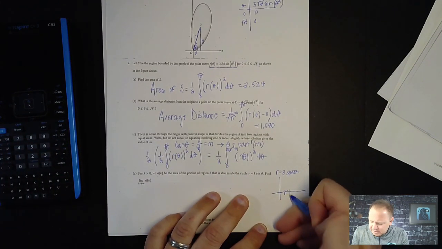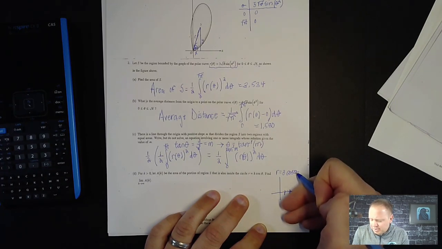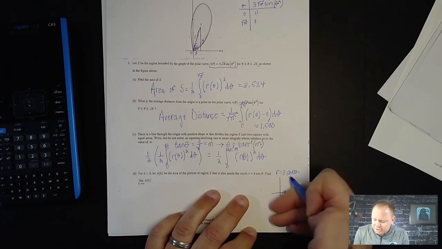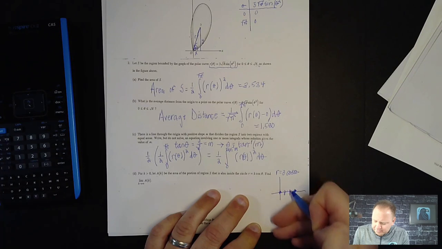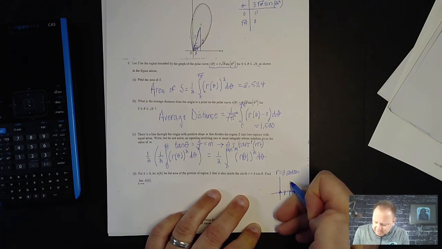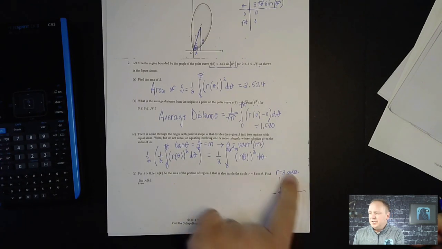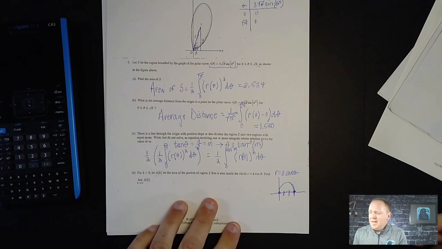So let's figure this out from 0 to pi over 2. At 0, you get 3. At pi over 2, it goes back to 0. And then it's just going to be the half circle. This is that half circle scenario from 0 to pi over 2. It's kind of shifting things over.